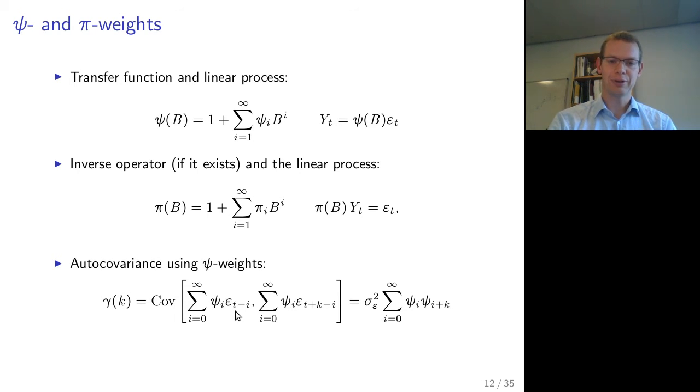Likewise for epsilon t minus 1, we will also have it here with weight psi 1, and over here with psi k plus 1. So we'll always have psi's that are k apart, and we will multiply them, and they all have the same variance, sigma epsilon squared. So that's how we get to this.